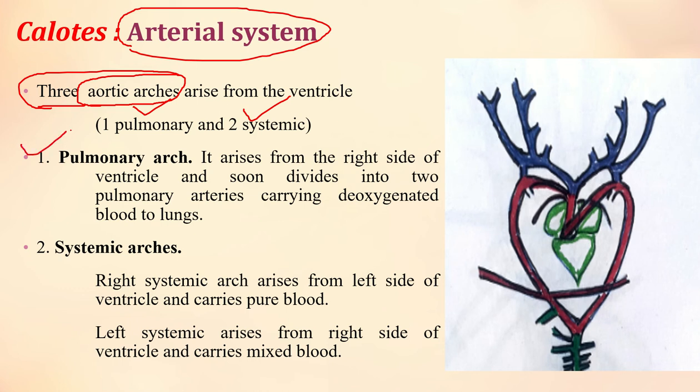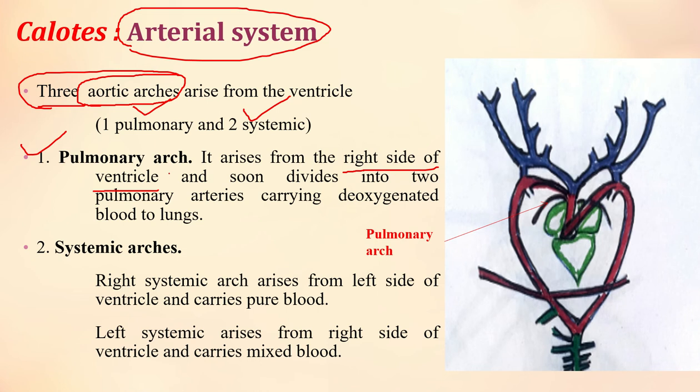So the pulmonary arch arises from the right side of the ventricle. The pulmonary arch or pulmonary aorta has a connection with the right side of the ventricle, so there must be impure blood.